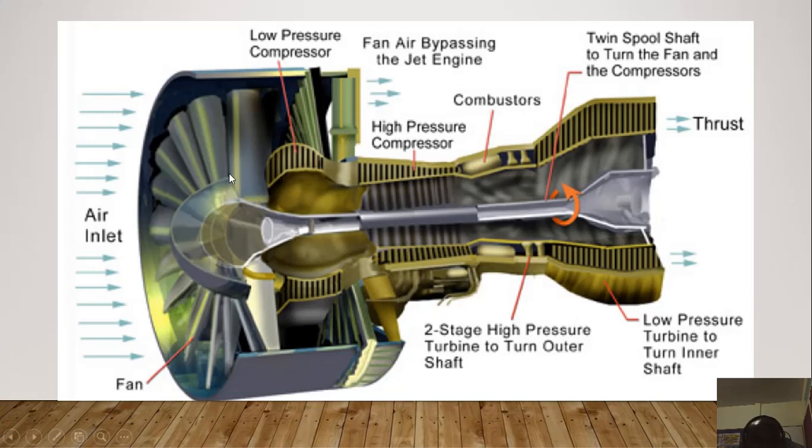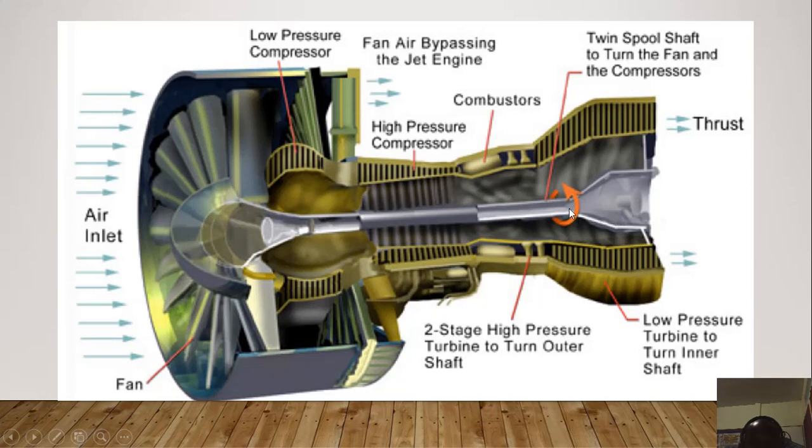So we can see now in a full clear diagram: air inlet, we see the fan, the low pressure compressor, the high pressure compressor, combustors, a two-stage high pressure turbine to turn the outer shaft, and a low pressure turbine to turn the inner shaft, then the twin spool shaft to turn the fan and the compressor.